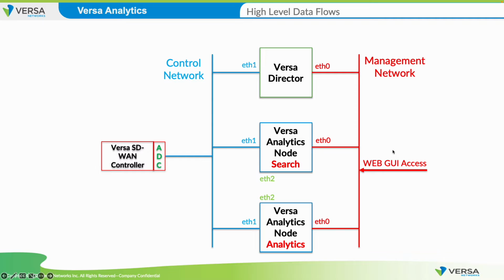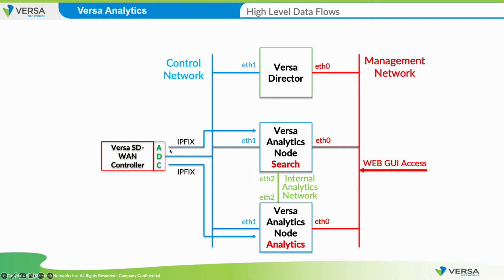In many cases, you might not even have a connection through Ethernet 0 to the search and analytics nodes from the director, or maybe you will not expose them to the internet. So the only component which needs to be exposed to the rest of the world is the director. And when you log into the director and you want to read some information from the analytics nodes, first of all, let's take a step back.